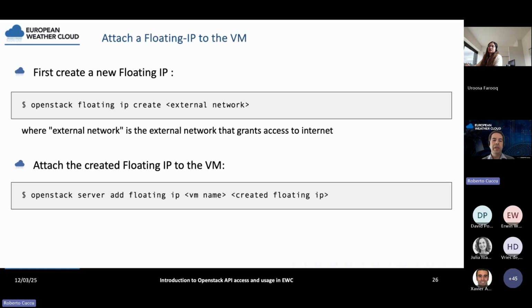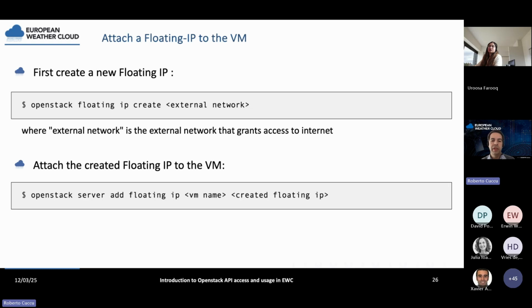If we attach the virtual machine just to the private network, it needs either a gateway or a floating IP, that is a public IP assigned to the virtual machine that allows SSH access, or at least access to the VM from outside. This floating IP can be assigned via the OpenStack floating IP create command.